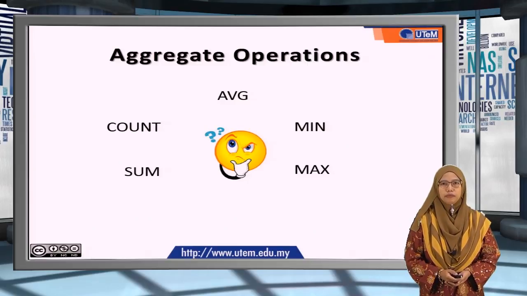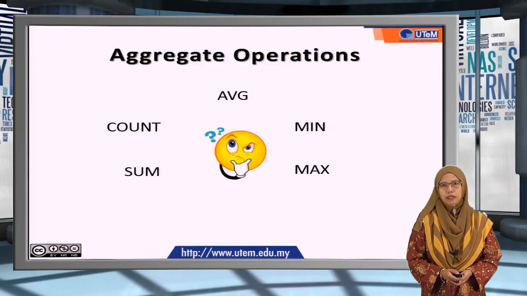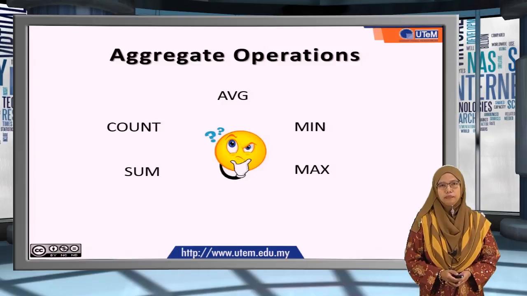SQL can perform various mathematical summaries on a relational table, such as counting the number of rows for a specified column, summing the values in a specified column, finding the minimum or maximum value for a specified column, and finally, averaging the values in a specified column.